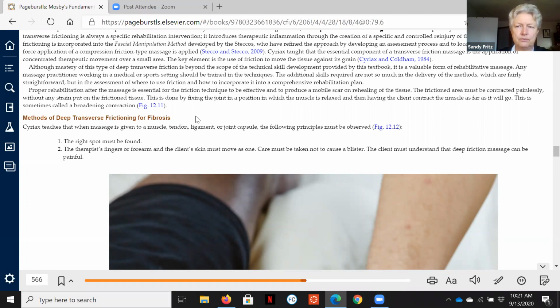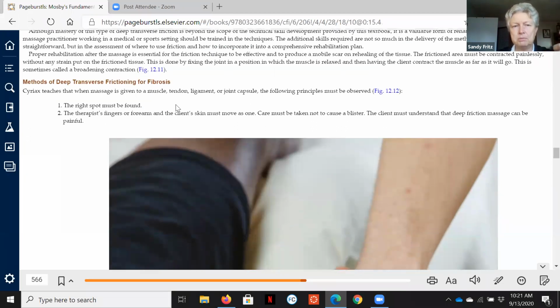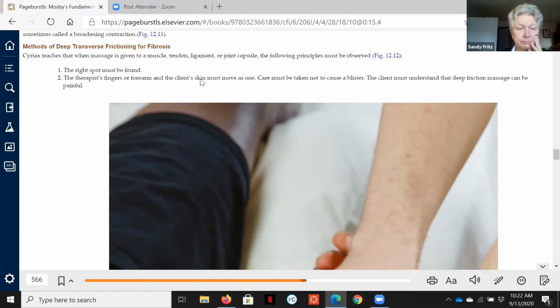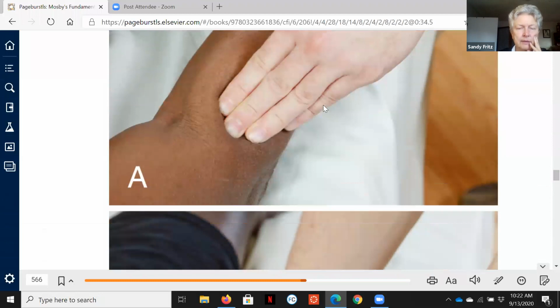That's what deep transverse friction does. And the theory behind that is that these smaller areas where there's a collection of fibers that are causing restriction and movement, if we reintroduce acute inflammation, that might remodel and it might be more functional with that. So we re-injure it for it to heal better is basically what it amounts to. And that's usually done in a much more pinpointed way.